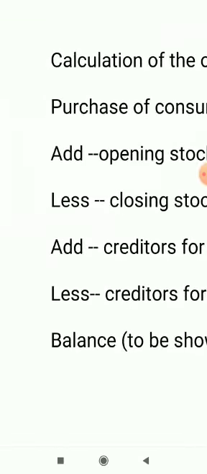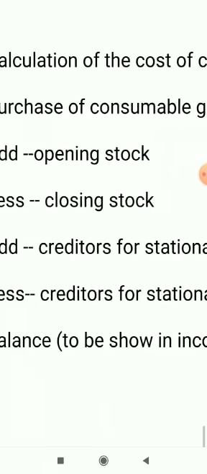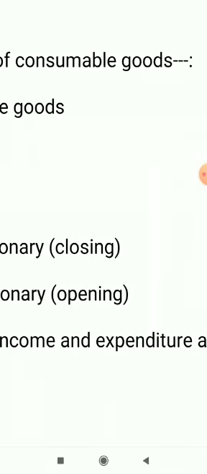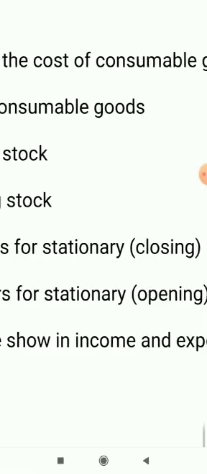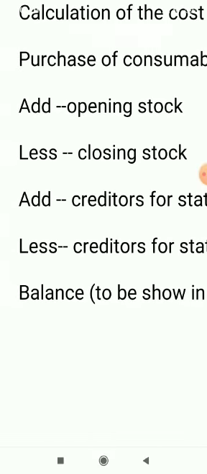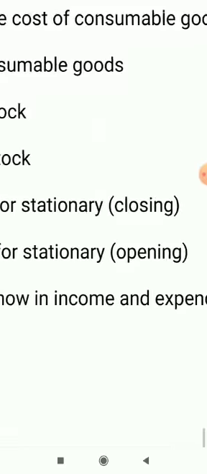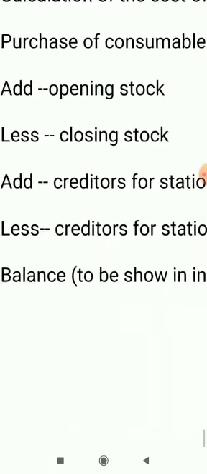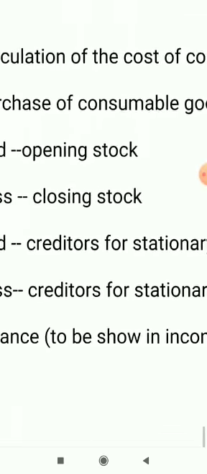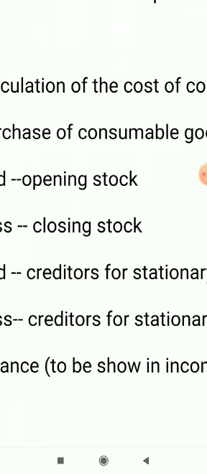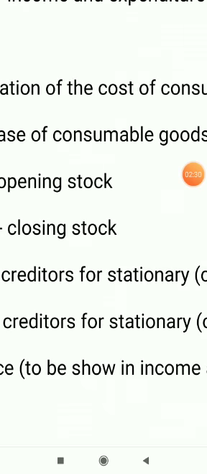After that, add creditors for stationery closing. Then less creditors for stationery opening. After calculating all these, the balancing amount will come. That amount we show in the income and expenditure account. In this way we calculate the consumable goods that will show in the income and expenditure account.